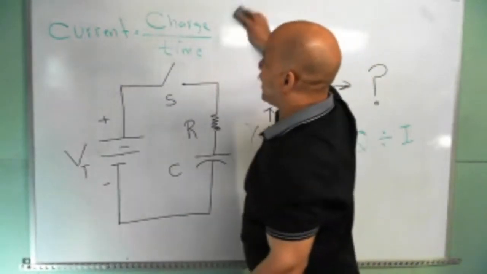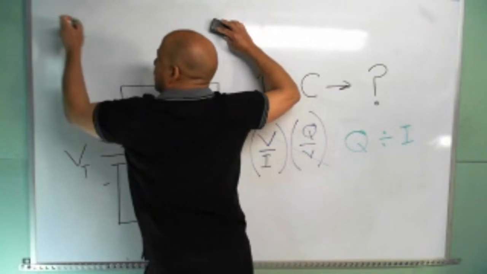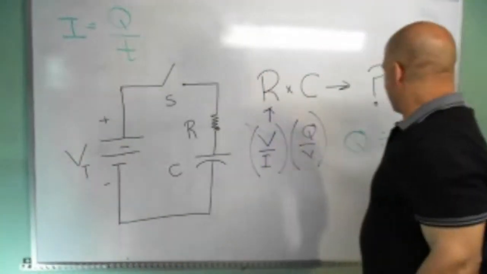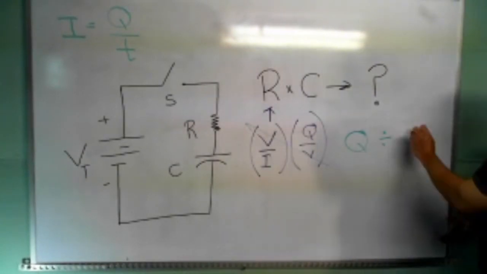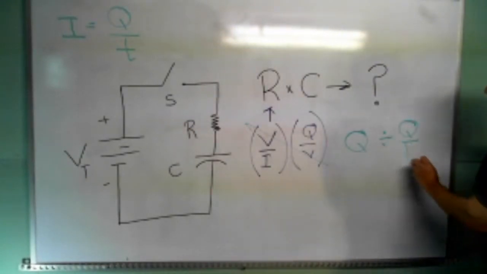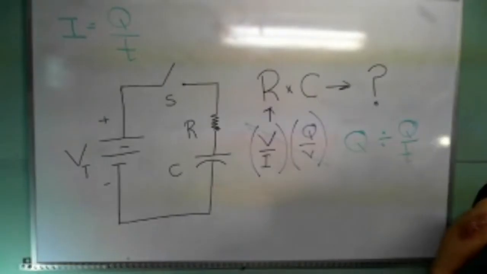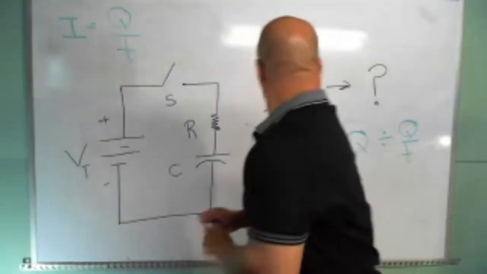So written as an equation, current is Q on T. So I can substitute for this current value, the value Q on T, and now you see exactly what's going to happen, and you see what makes this circuit very interesting.